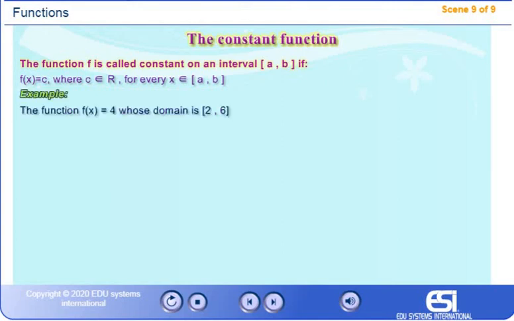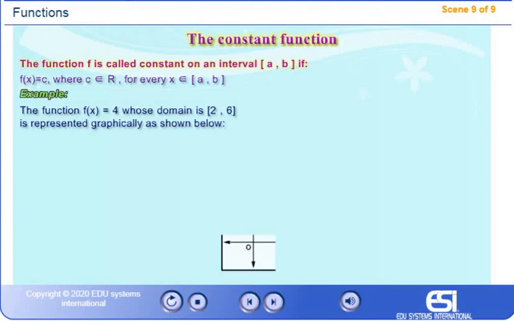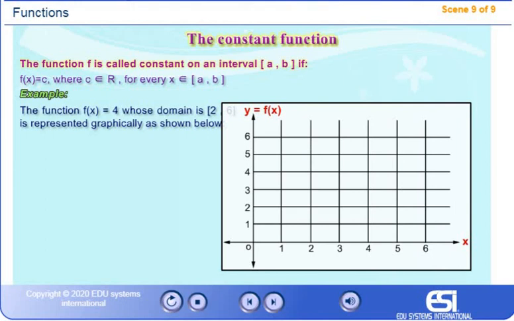The function f of x equals 4, whose domain is the closed interval [2, 6], is represented graphically as shown below. Notice that f of x is constant on its domain.